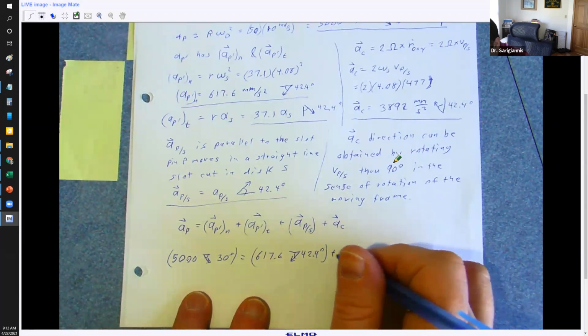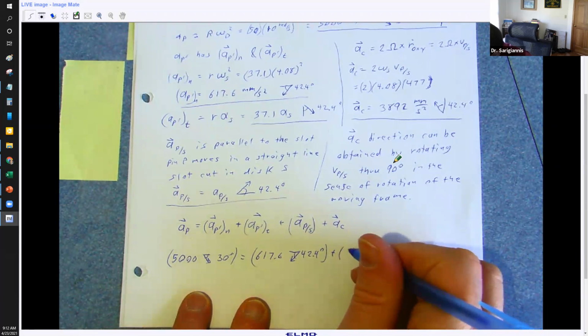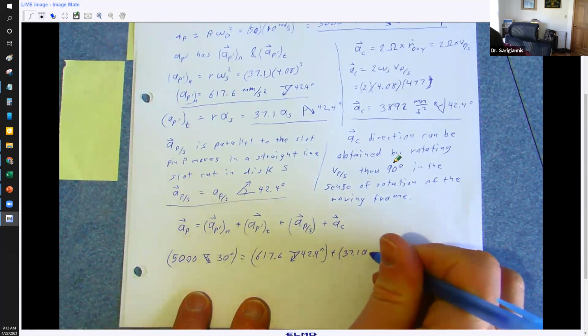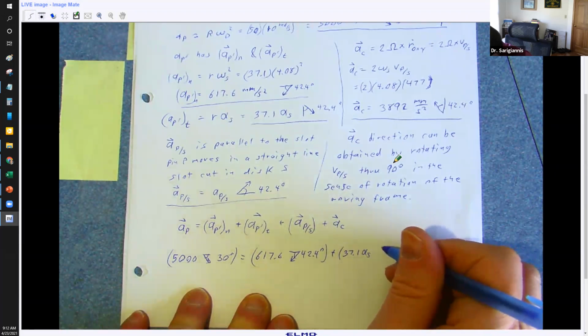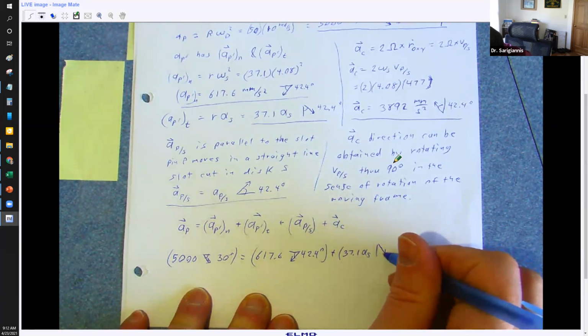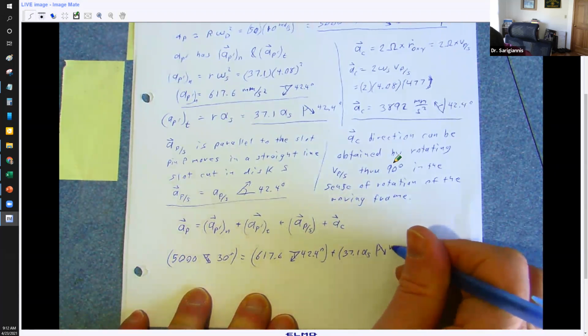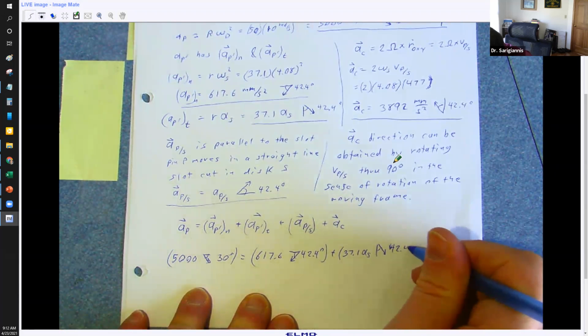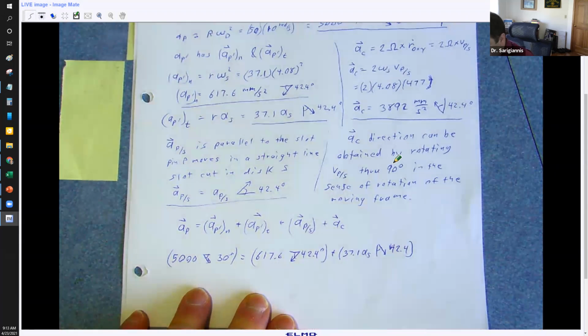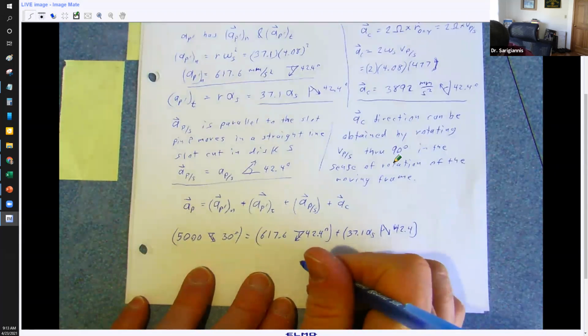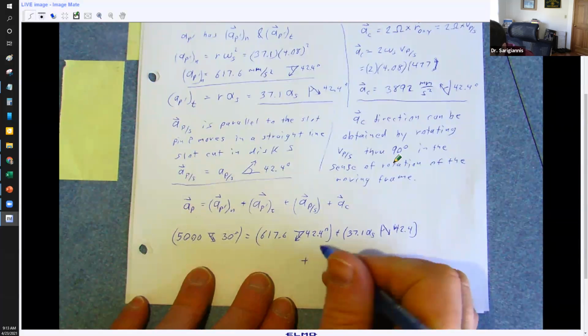Plus we've got the tangential component of that, 37.1 alpha S, and an angle of 42.4 from the negative vertical axis. Oh, and of course I'm going to run out of room. I don't understand how I can fit this on one line in my notes.